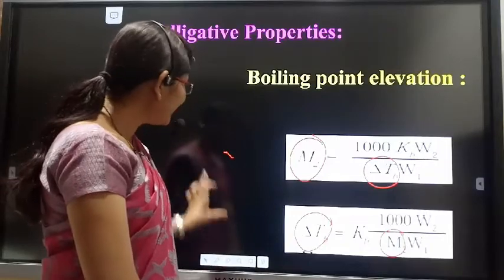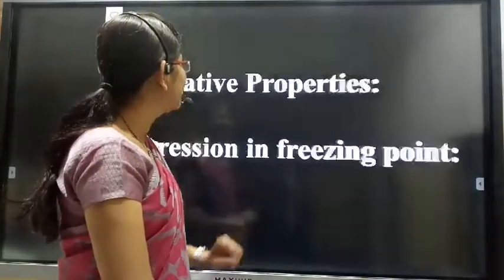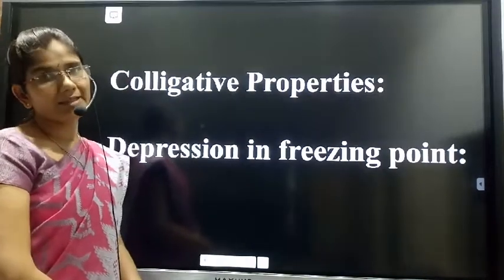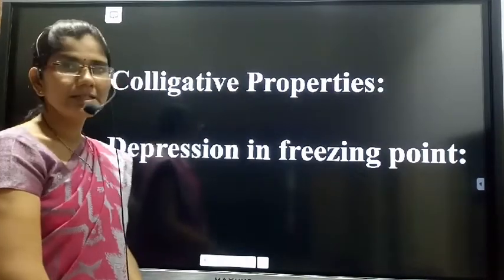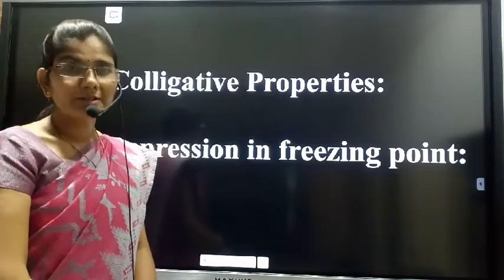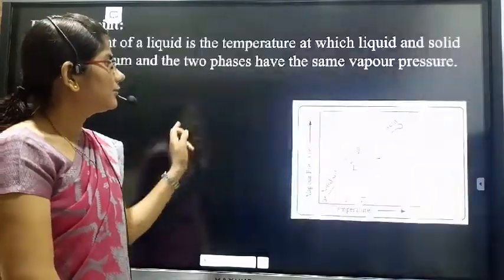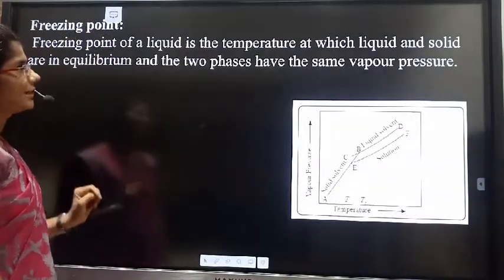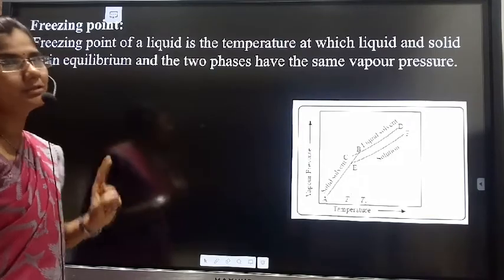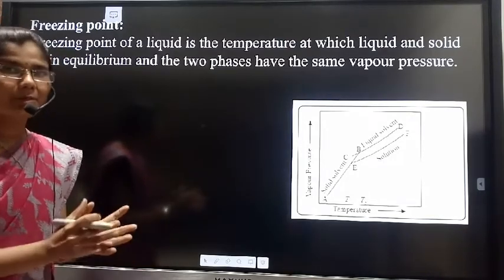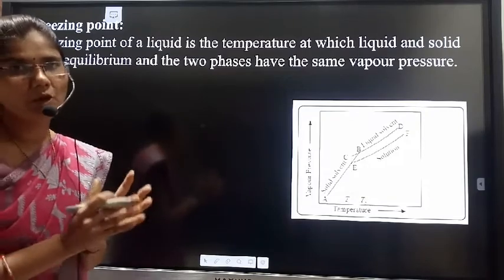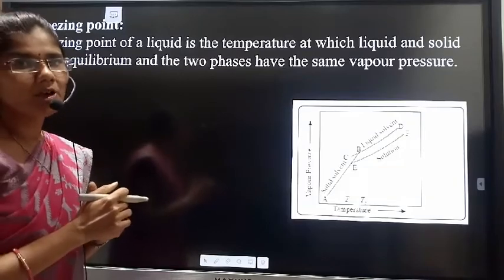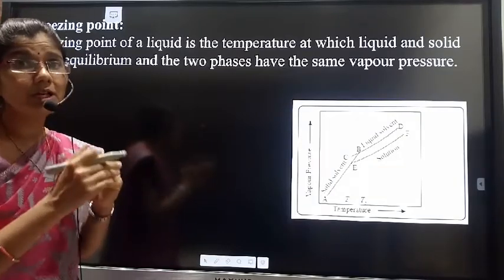So let us start with the next colligative property, that is the depression in freezing point. For the depression in freezing point, first we have to define what is meant by freezing point, the freezing point of the liquid, because all these properties are shown by the liquid. Boiling point, vapor pressure, freezing point and osmotic property are all properties of the liquid.